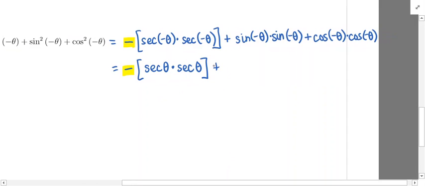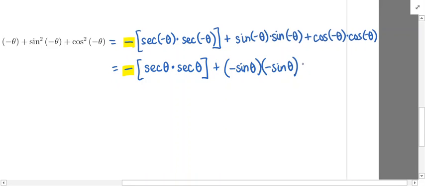In the next part, we're adding. Sine is odd. That means the negative sign will come out. In this first sine, sine of negative theta is the same thing as negative sine of theta. So we're going to be multiplying here by another sine of negative theta, which is equivalent to negative sine of theta.